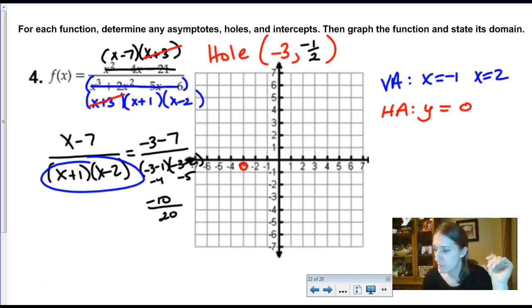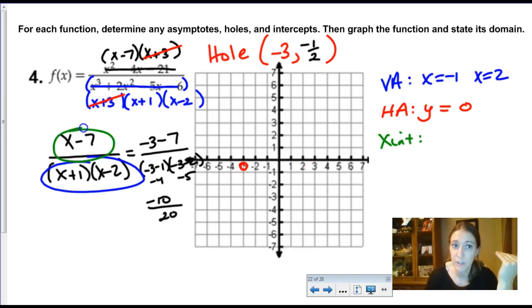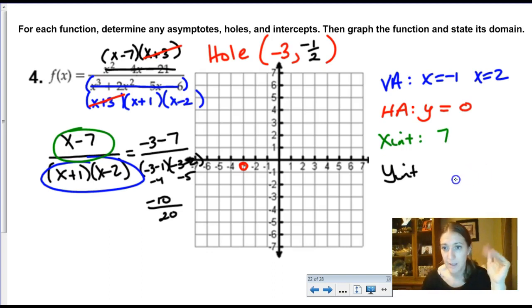So whoopie. And then they want to know intercepts. So let's start with my x-intercept. Remember, the removable discontinuity is not incorporated anymore. So if you take your new numerator and set it equal to 0, you get an x-intercept at 7. And then your y-intercept is what happens when you plug in a 0 for your x value.